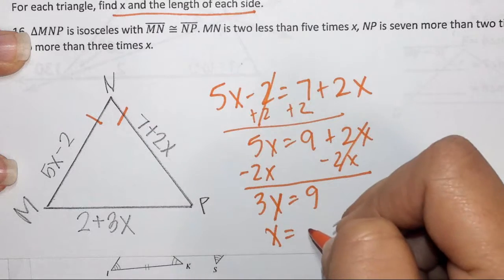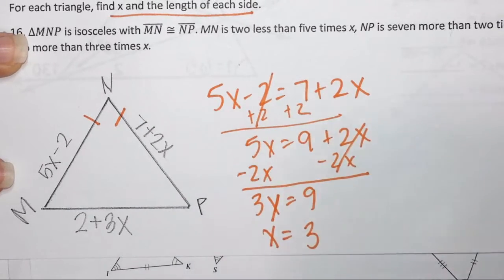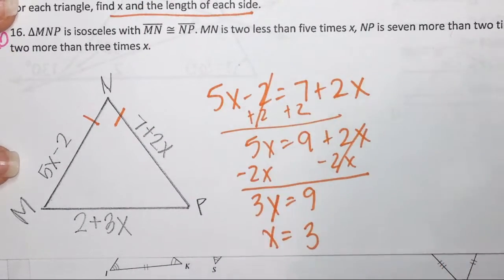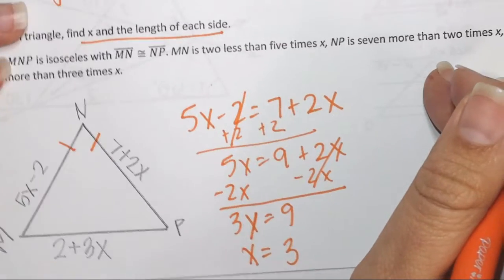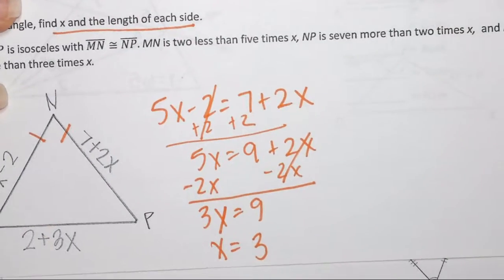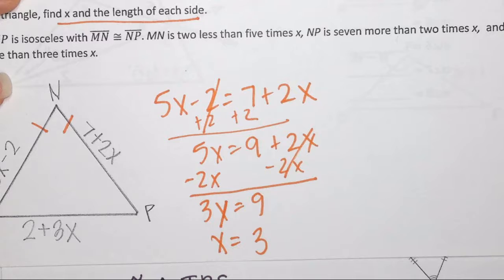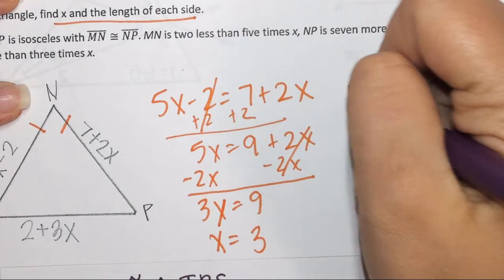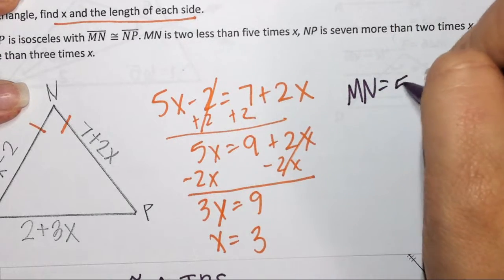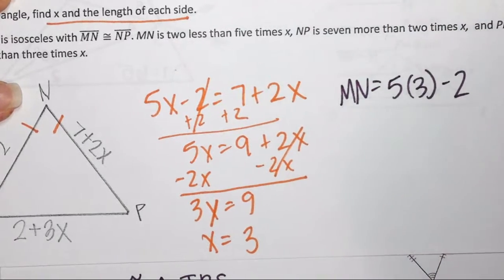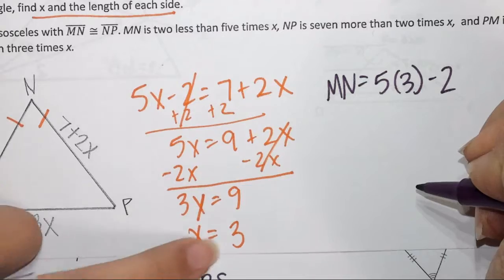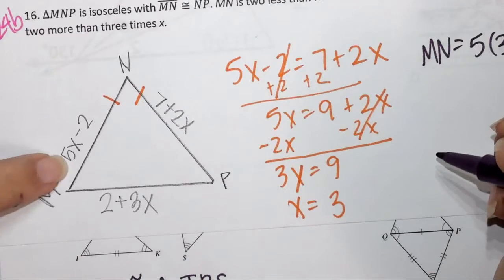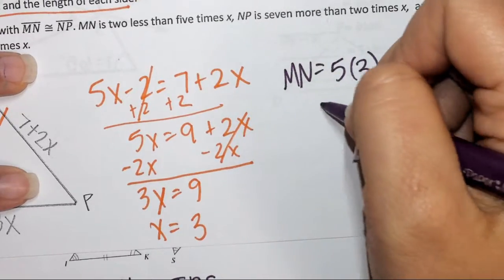And what does x equal? 3. Now, it said to find x and the length of the sides, so you have to do that as well. So for MN, we have 5 times 3 minus 2, because we're taking our 3 and plugging it in. What's 5 times 3?